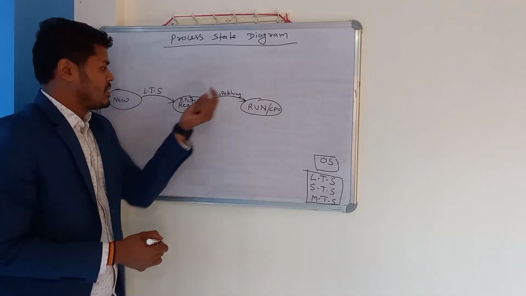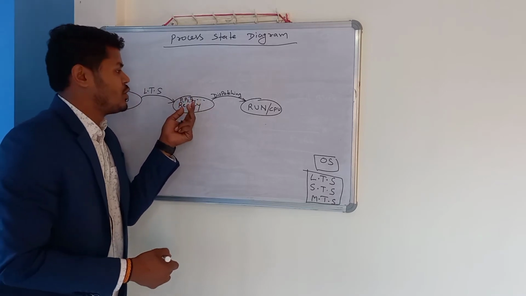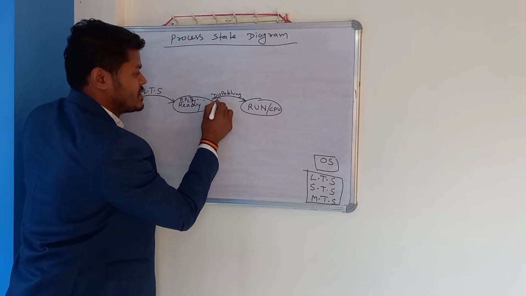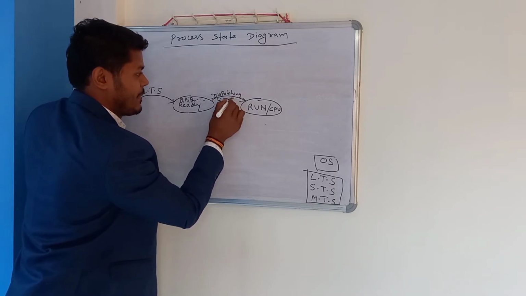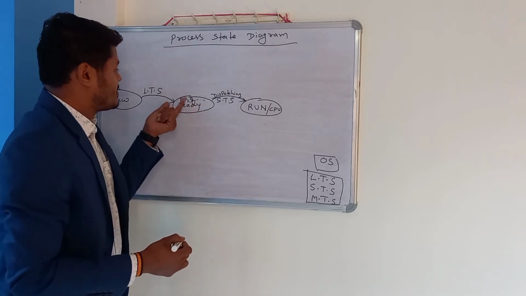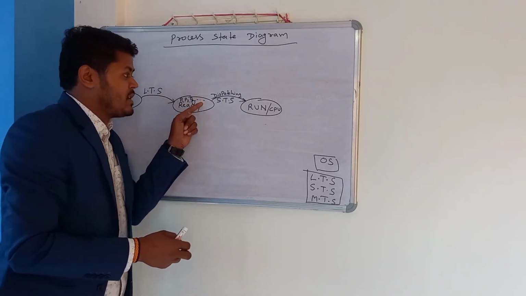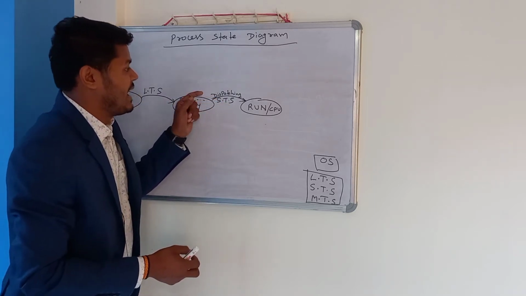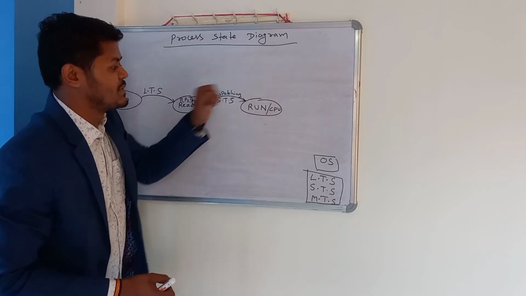Selection of a process is based on priority, and selection will be done by the short term scheduler, STS, and it is moved on to the run state, the CPU state.